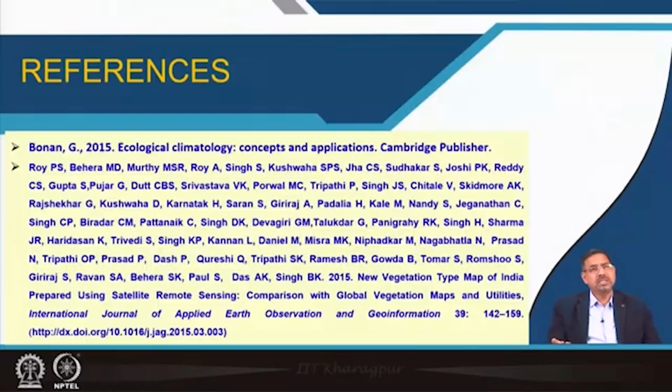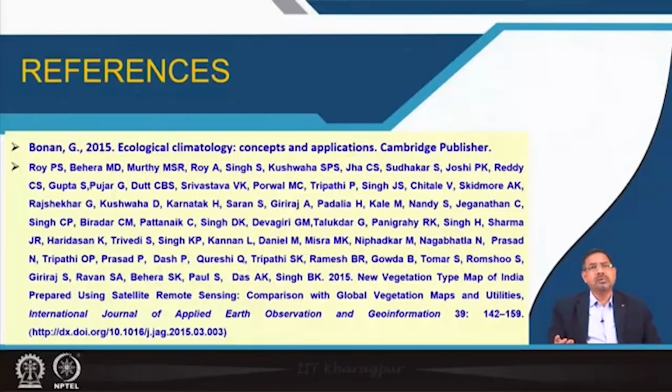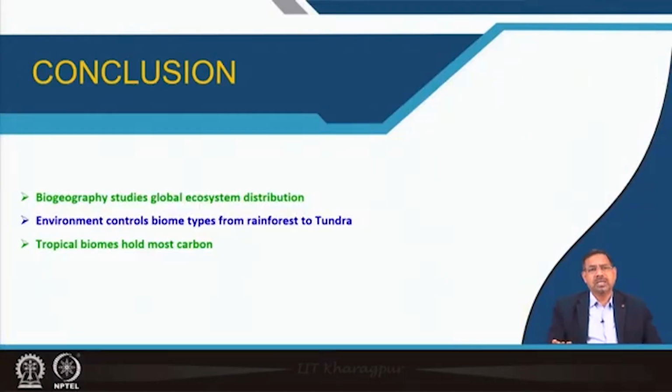in general we discussed the biogeography studies in terms of the global ecosystem distribution, and we understood the environmental controls. Particularly, we have taken 3 important variables: the precipitation, the temperature, the solar radiation, and also the potential evapotranspiration as the 4th one, and tried to understand the distribution of different systems across the world.